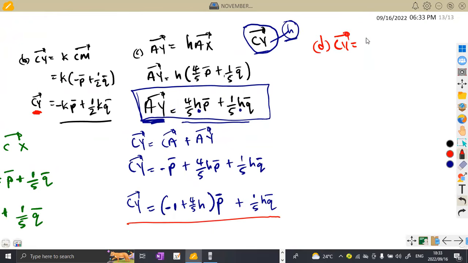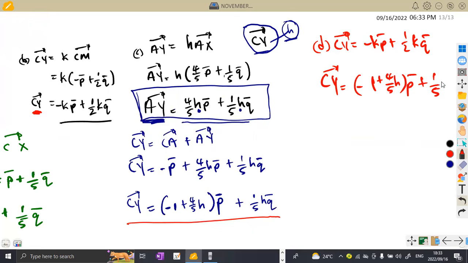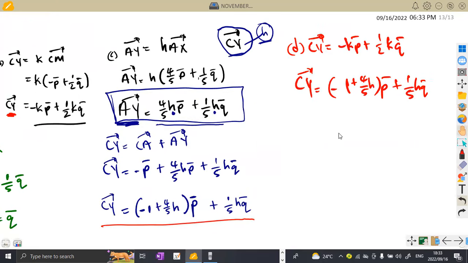CY, which is equal to negative KP plus half of KQ. And this CY that we just got now, which is negative 1 plus 4 over 5H, vector P plus 1 over 5H, vector Q. These two are equal. So if they are equal, what does it mean?